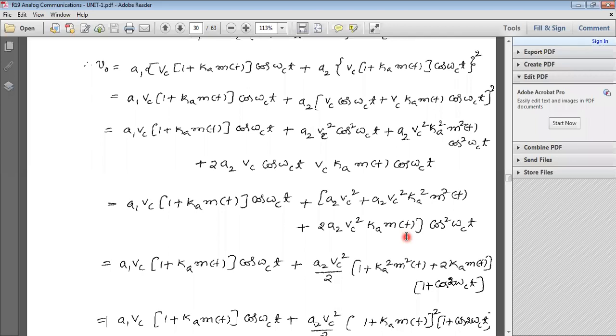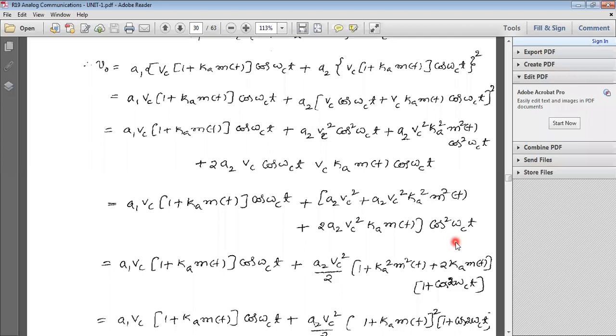Completed. From these three terms, you take common cos square omega Ct. The first term is as it is, so that is A1 Vc into 1 plus Ka m of t into cos omega Ct. Now write cos square omega Ct in the form of 1 plus cos 2 theta by 2.